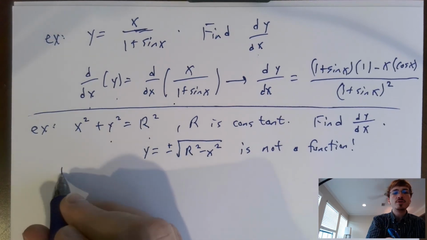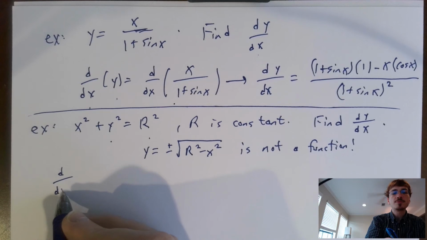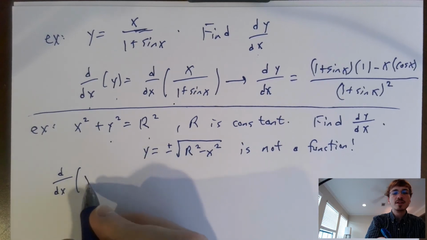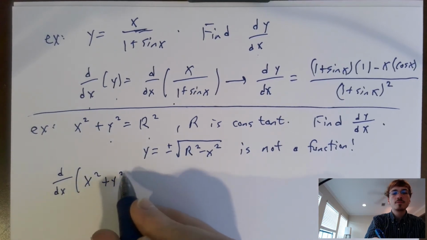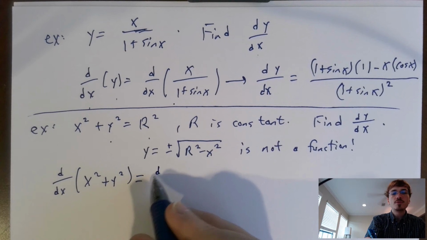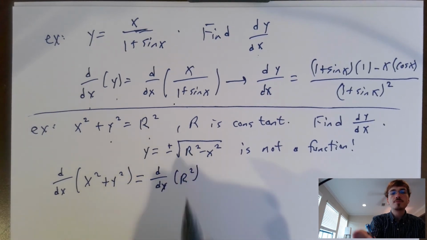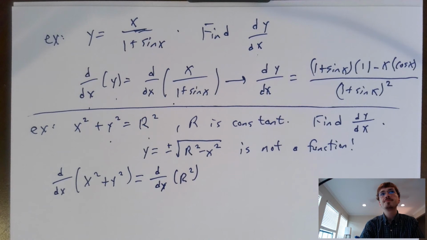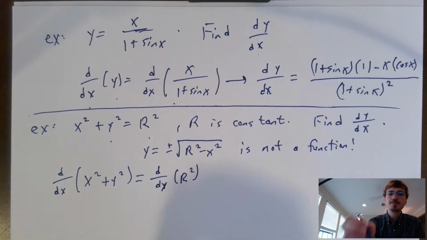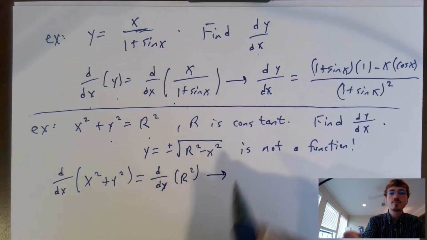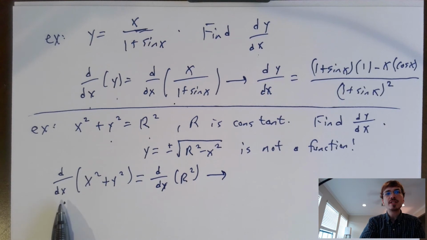We're going to compute the derivative with respect to x of the left-hand side and the derivative with respect to x of the right-hand side. How do we do that? Well, what's the derivative with respect to x of 2x? I just gave it away, sorry.